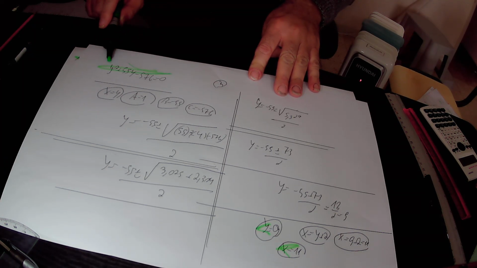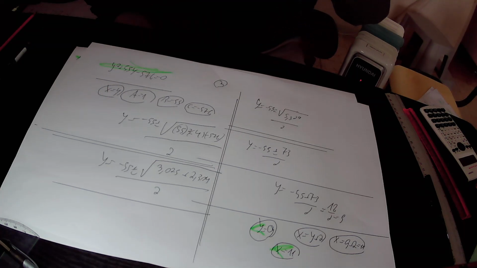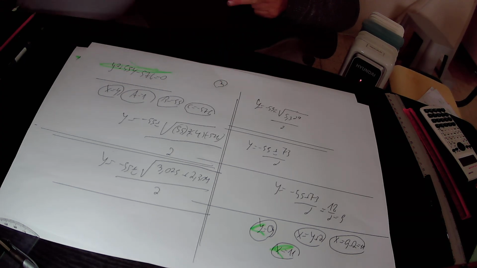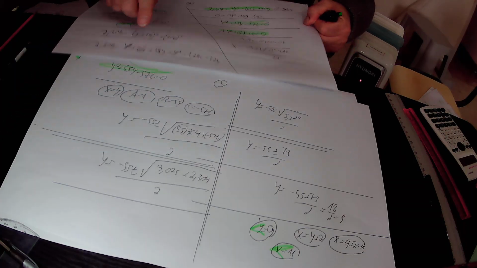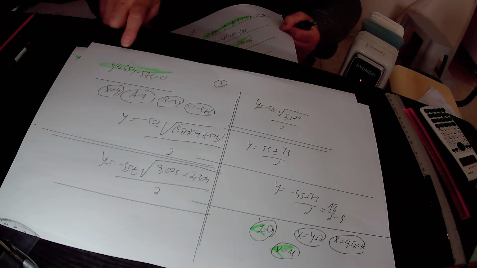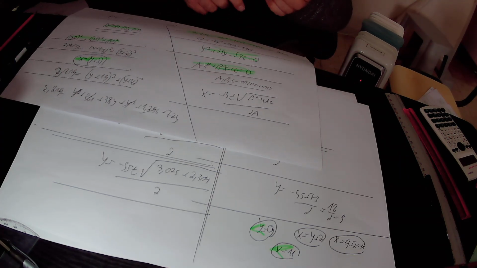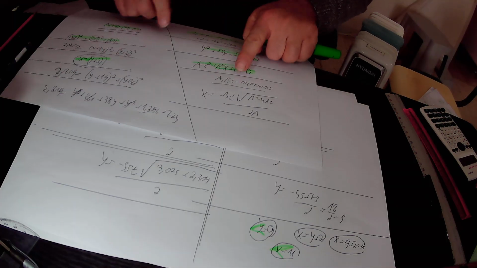The coefficient a equals 1, the coefficient b equals 55, and finally the coefficient c equals minus 576. So we have all the data needed in order to find the value of y. We just have to put this data inside the general formula. This way we find the values of y, because y might have two solutions. We did it, and we found that x equals minus b.